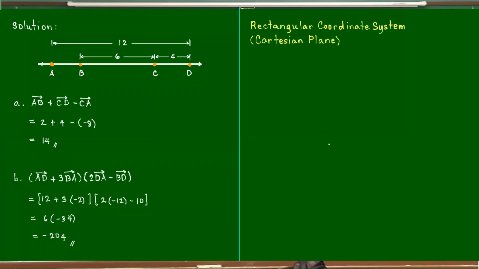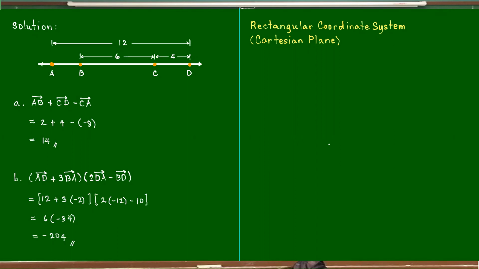So we're now ready to discuss the rectangular coordinate system or simply the Cartesian plane. Another term is the Cartesian coordinate system. When we say rectangular coordinate system, it is a coordinate system in a plane consisting of two perpendicular lines intersecting at a common point called the origin.